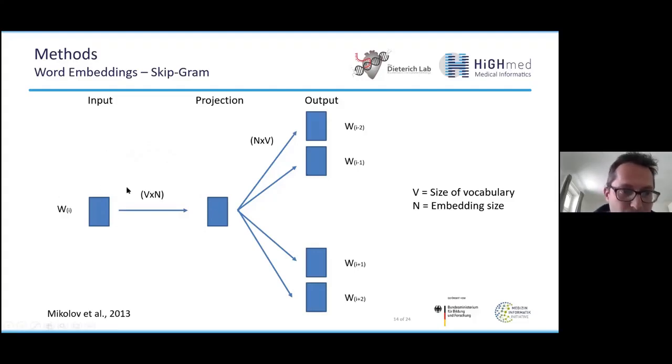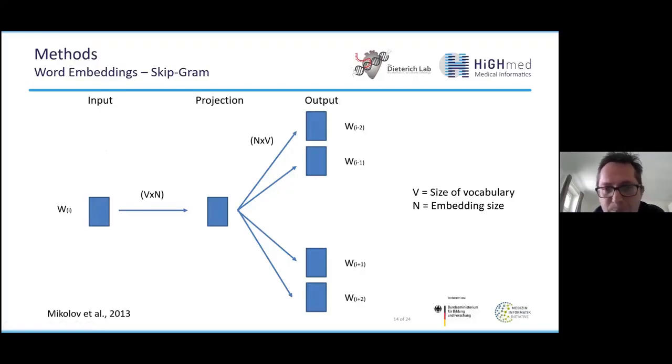Here we have our V, the vocabulary size, which can be something like 10,000 or 20,000. We linearly project it to a lower dimensional space, the dimension of our hidden layer, the projection layer, which can be, let's say, 150 or 300.